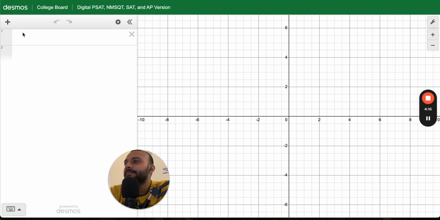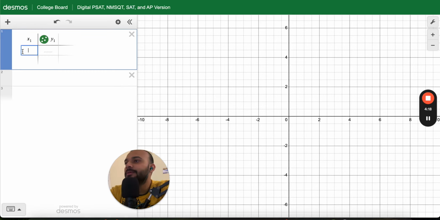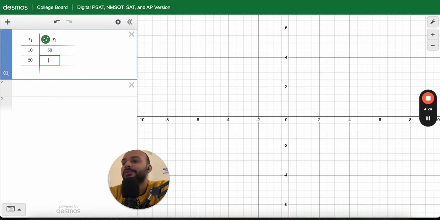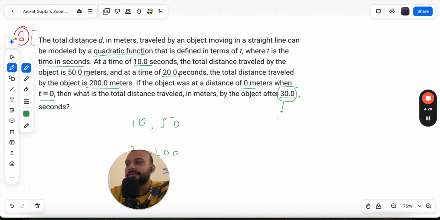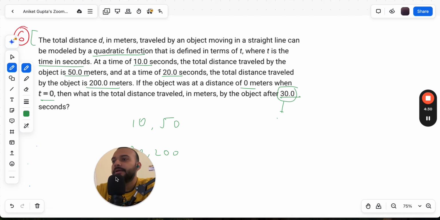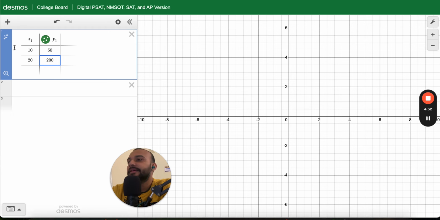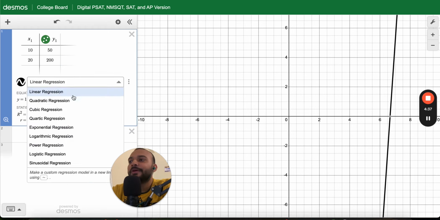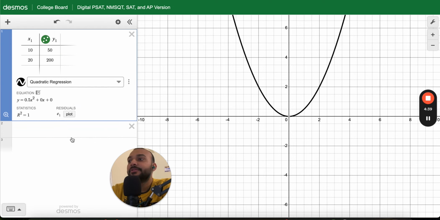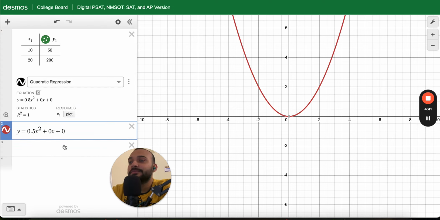Click on the plus icon, table. x1 is 10, y1 is 50, x2 is 20, y2 is 200. Yep, it is correct. Click on the add regression button. Go to quadratic regression since they've given us that it's a quadratic function. Export the equation. It's here.